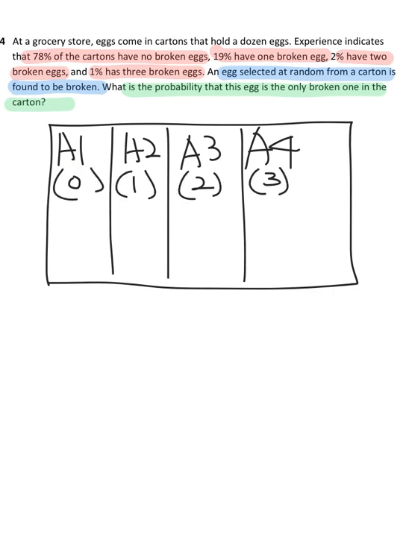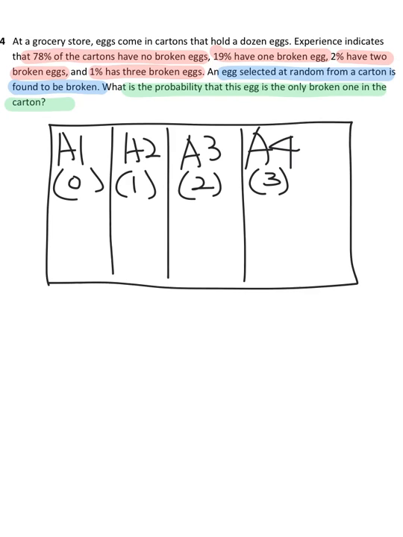And now we have to define the event B. B is we found a broken egg. That is the event. When we choose one box randomly, the event B is to find one broken egg.